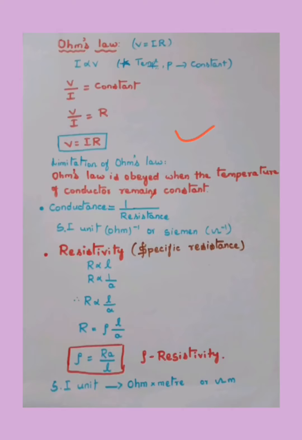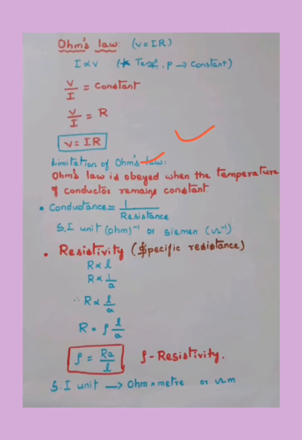It's about ohmic resistors and non-ohmic resistors. Okay, what are ohmic resistors? The resistors which obey Ohm's law are ohmic resistors. The resistors which do not obey Ohm's law are called non-ohmic resistors. So we give examples for ohmic resistors. Usually the metallic conductors like silver, aluminium, copper, iron, all these are ohmic resistors.